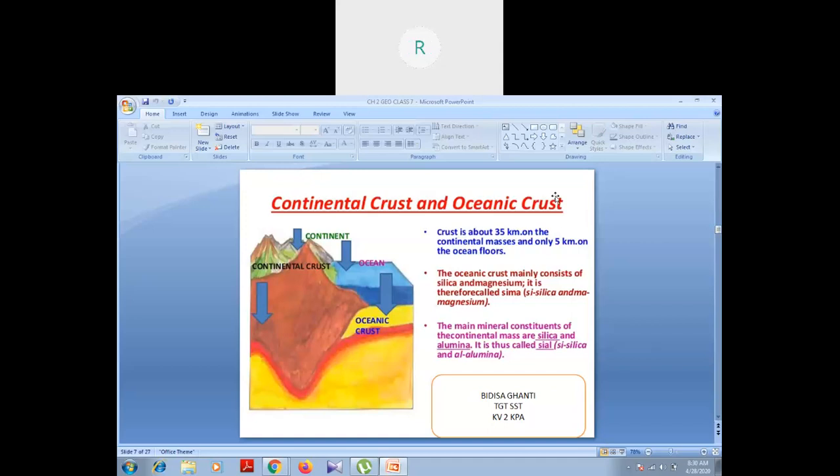The oceanic crust is generally made of silica and magnesium. That's why it's known as SIMA. Si denotes silica, Ma denotes magnesium.